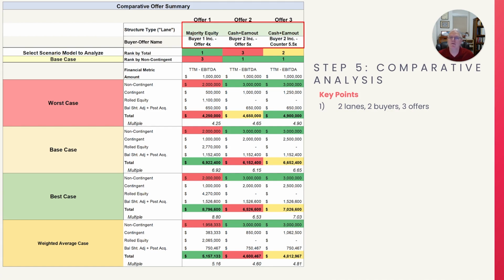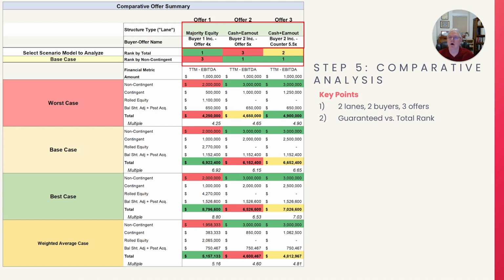But if you notice, we've actually got 3 offers because we've loaded in the counter offer for buyer number 2. Do you see where it says buyer 2 Inc. is the same, but one of them is a 5x offer and one of them is a 5.5x offer because we've countered back to them. We've ranked them on the guaranteed amount and then also the total rank.